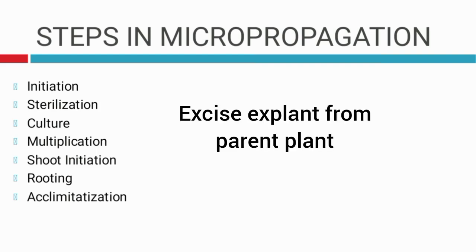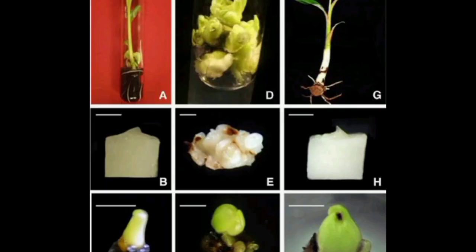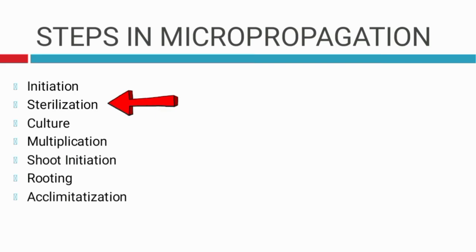In the initiation stage, you are taking a particular part of the plant called an explant. It could be the stem, the roots, the leaves, the seeds, the flowers, the bud, or any part of the plant. Sterilization has to do with surface sterilization.